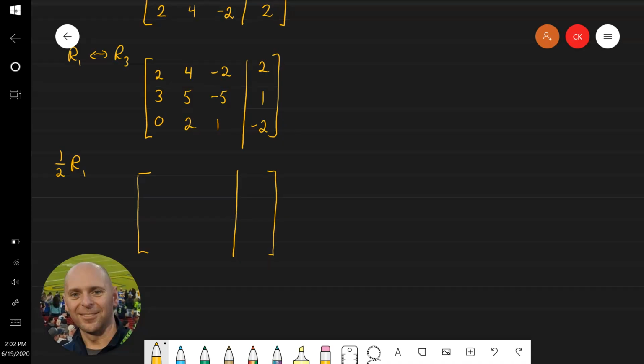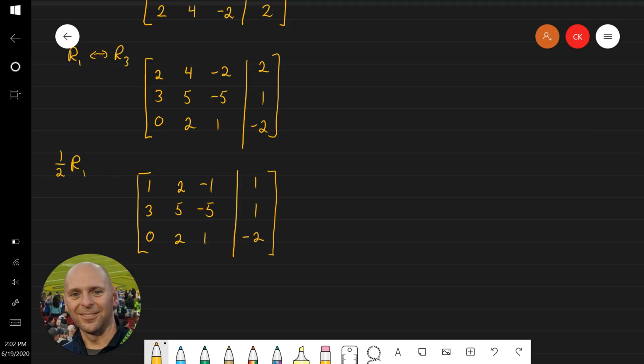And so we'll just cut each of them in half. So 1, 2, negative 1, 1, and everything else will remain the same. So there you have multiplication by a scalar.